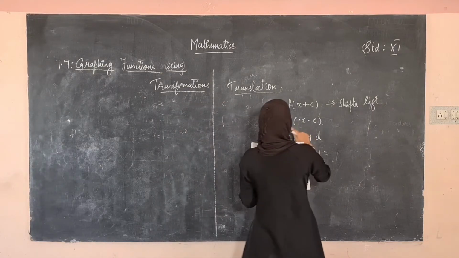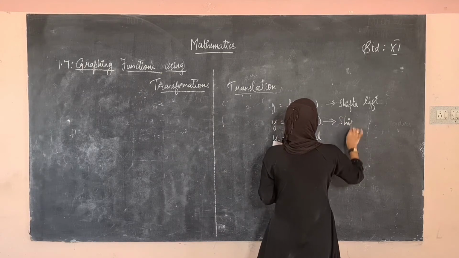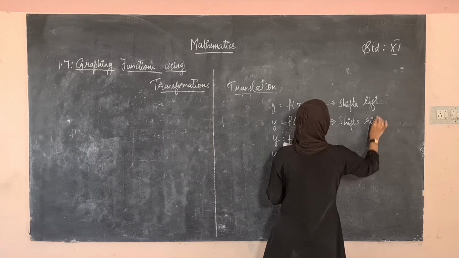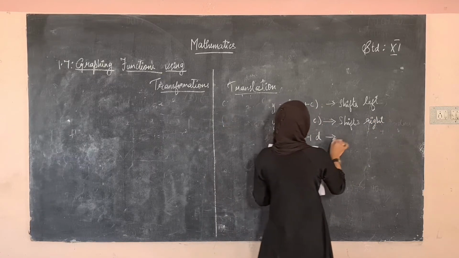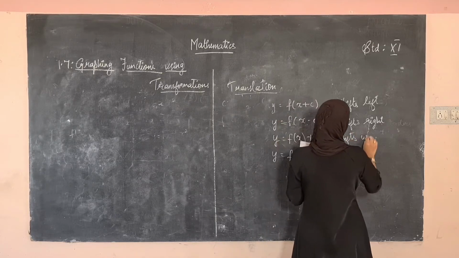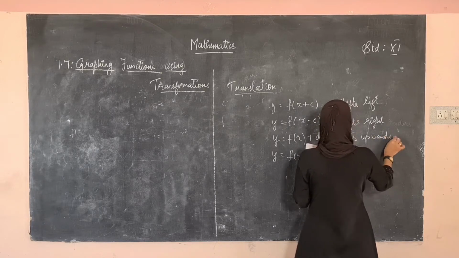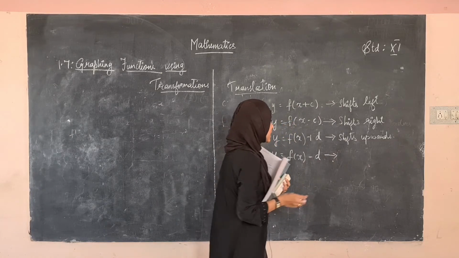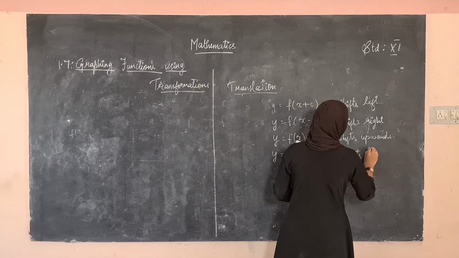If y is equal to f of x minus c, the graph shifts one unit to the right. If it is f of x plus d, the graph shifts one unit upwards. And if it is f of x minus d, it shifts one unit downwards.